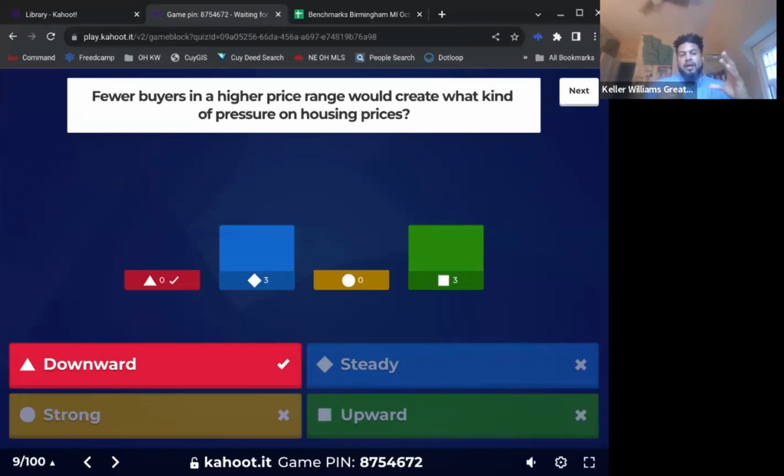Inventory is low and demand has been high, which is why houses are so expensive right now. So fewer buyers, less demand means lower prices on supply. The same thing is true if there were more buyers and less supply, then it would go upward. So downward when fewer, upward when more.